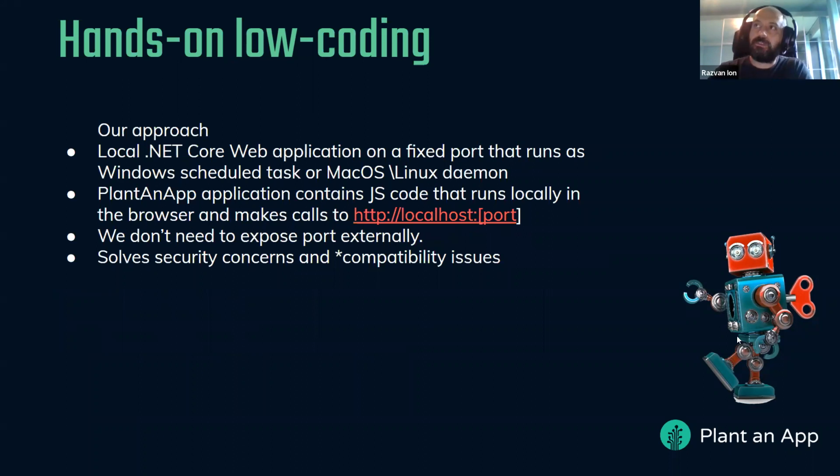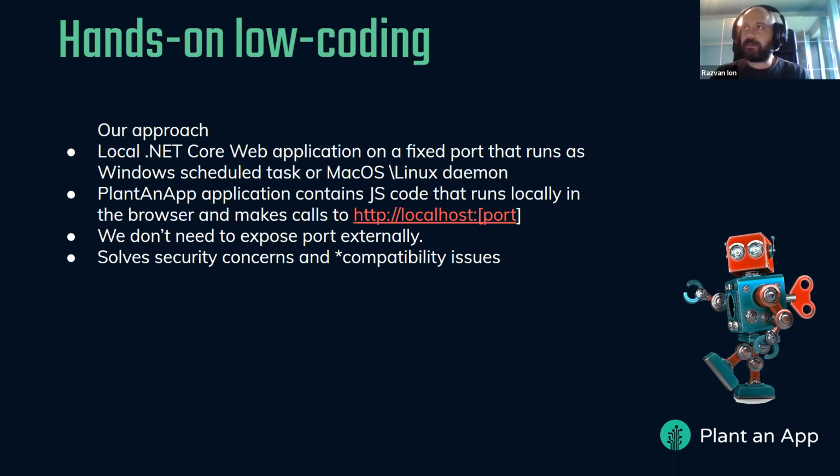So our approach was essentially to build a local .NET Core web application that runs on a fixed port, runs as a Windows scheduled task or a Mac OS daemon. So it stays in the background and keeps running once the user has started their laptop, let's say.